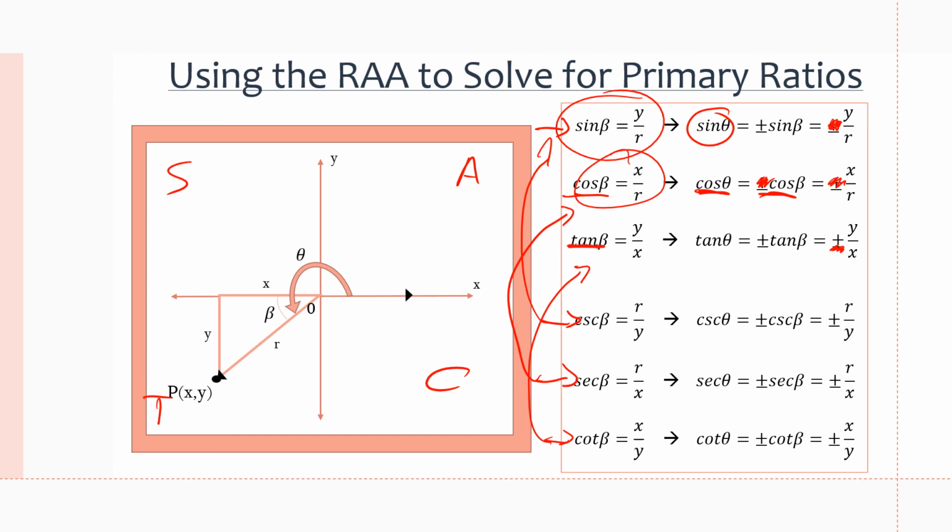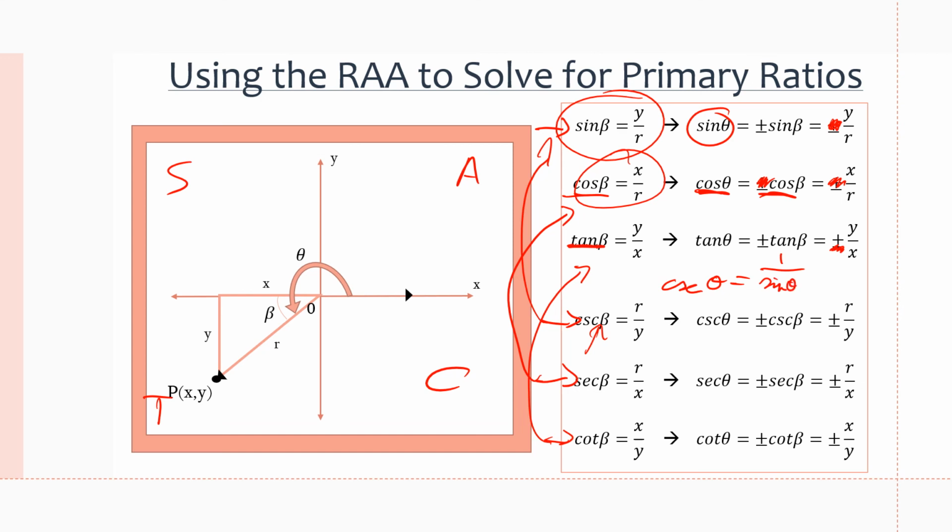The reasoning for the alike signs between reciprocal ratios is that the definition of a reciprocal trigonometric ratio is 1 over the corresponding primary trigonometric ratio. Since we are just flipping the numerator and denominator of the ratio, the sign will stay the same. If we take cosecant as an example, cosecant of theta equals 1 over sine of theta.